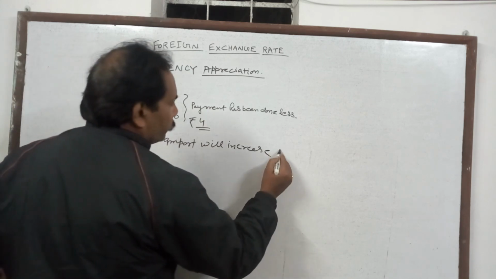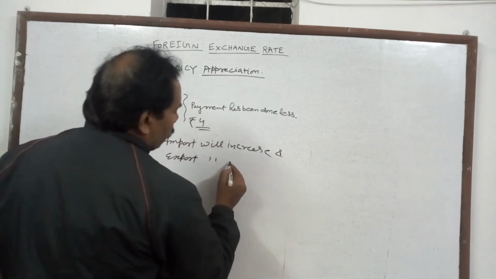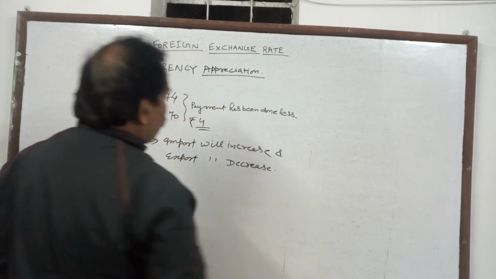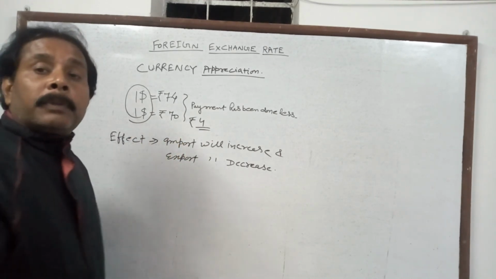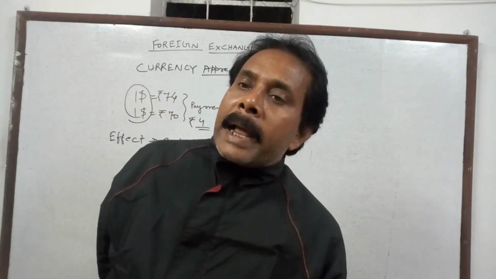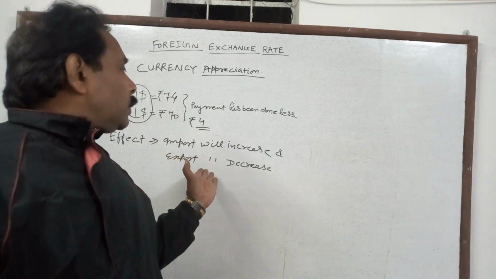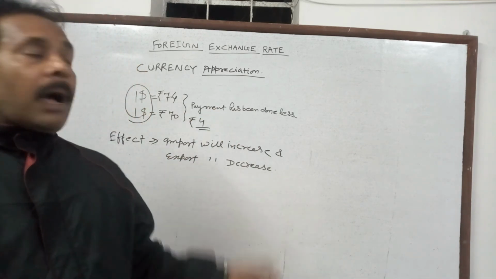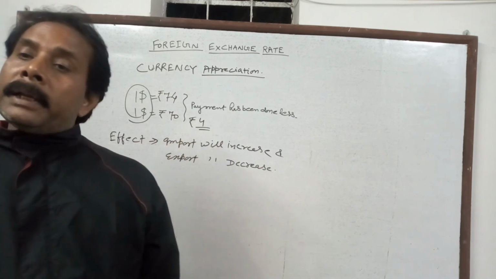And export will decrease, because for us purchasing of goods from the foreign country is cheaper, but on the other hand the purchasing of Indian goods become costlier for the foreigners. As a result, our export will decrease and our import will increase.